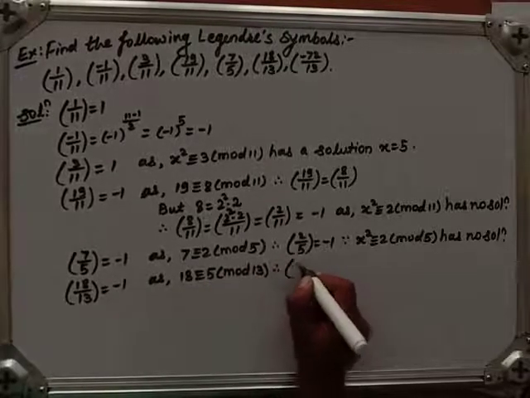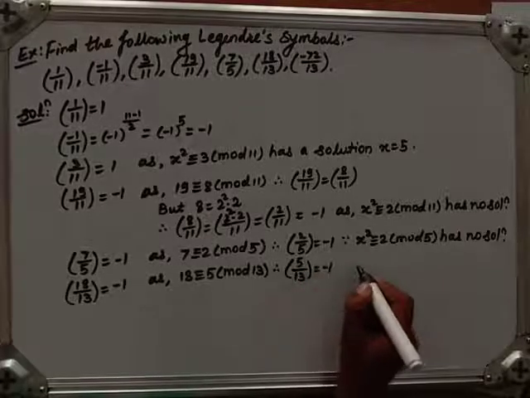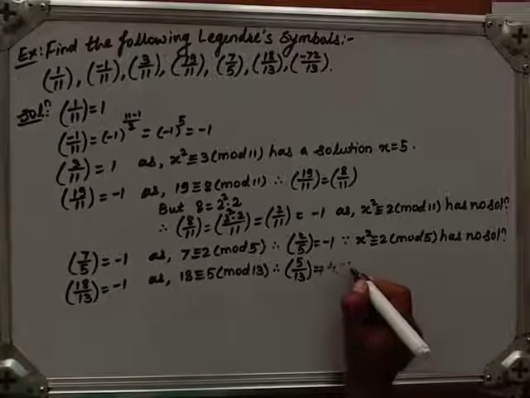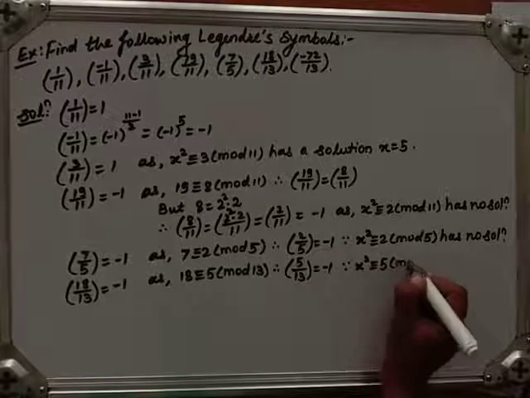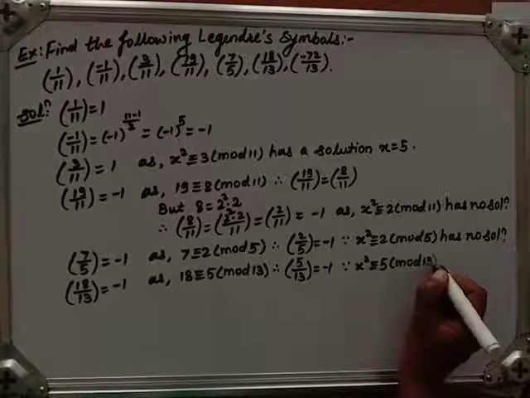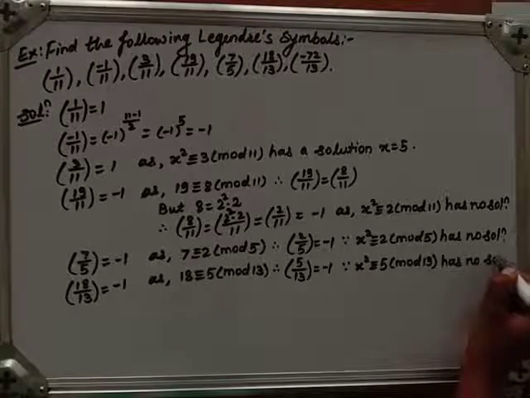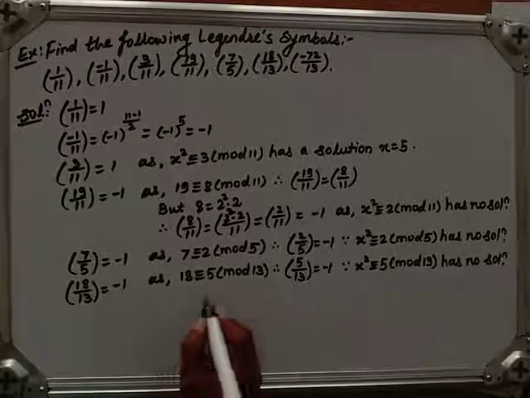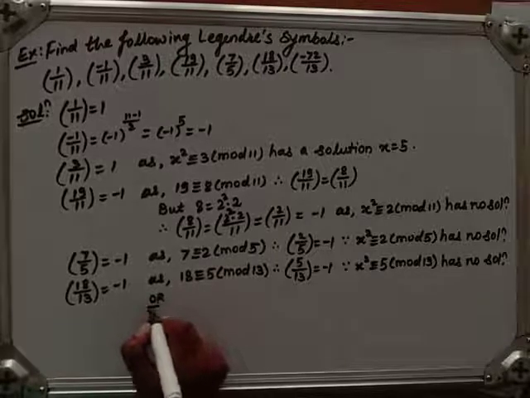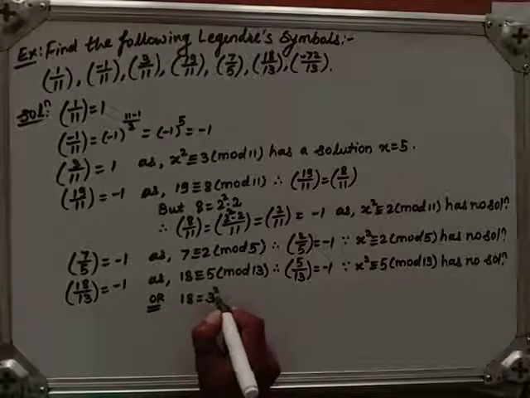Therefore, Legendre symbol of 5 by 13 is minus 1, since x square congruent to 5 modulo 13 has no solution. Or here you can say 18 is equal to 3 square times 2.